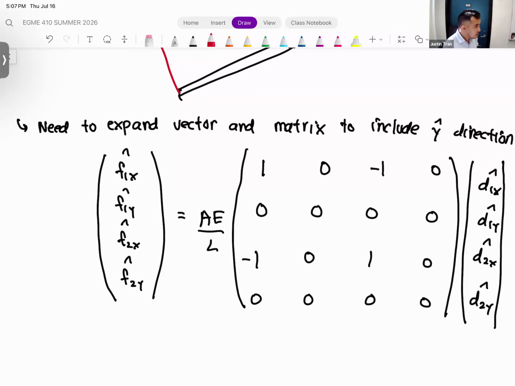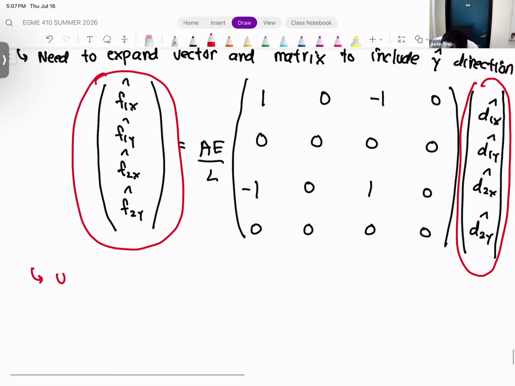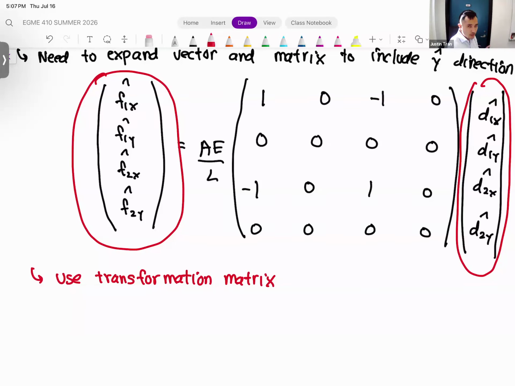All right, so now that we've expanded this, we are ready to transform, right? Because right now, everything is in terms of the local coordinates, but we want to apply our transformations so that we can have everything in terms of the stationary coordinates instead. And so where that's going to happen is that we're essentially going to plug in for this vector here and this vector here. So we're going to use our transformation matrix, the transformation matrix with the sines and the cosines.